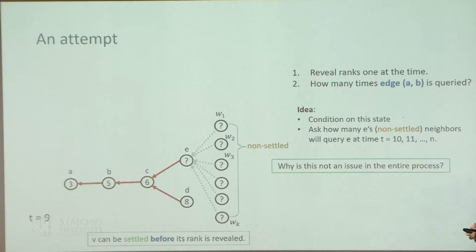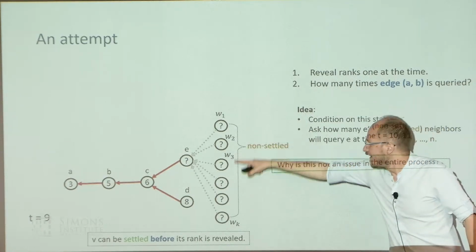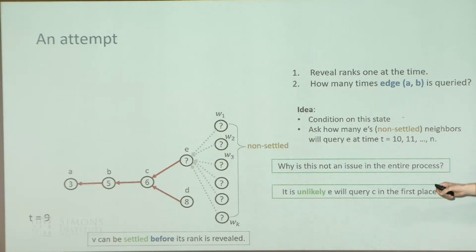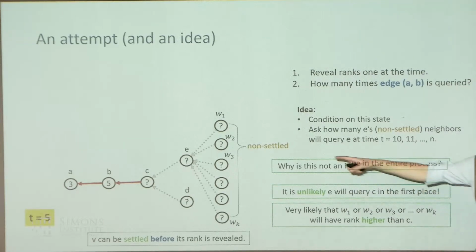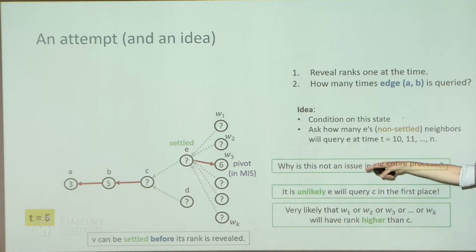Excellent. So I gave you an adversarial snapshot, but think about these neighbors, W1, W2, at time t equals 0. It's much more likely that one node among W1, W2, W3, or Wk will have higher rank, will have smaller value in pi, than C. If that happens, E will never query C. E will actually go to one of these, maybe W3.